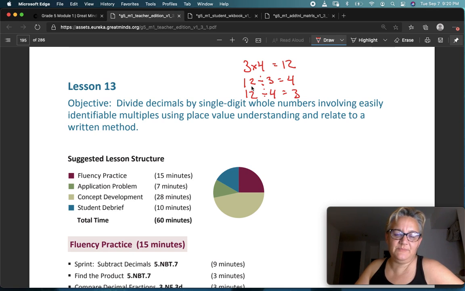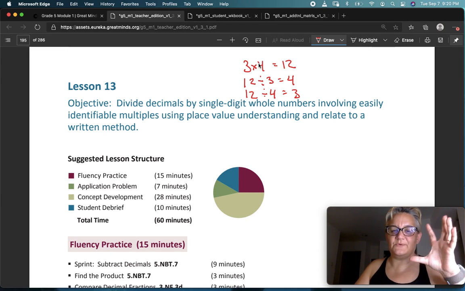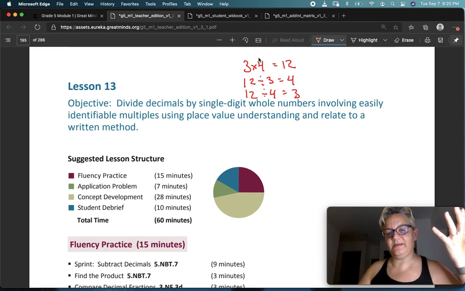See the relationship there? We've taken two smaller numbers and we're making a big number. Here we have a big number and we're splitting it into smaller numbers.